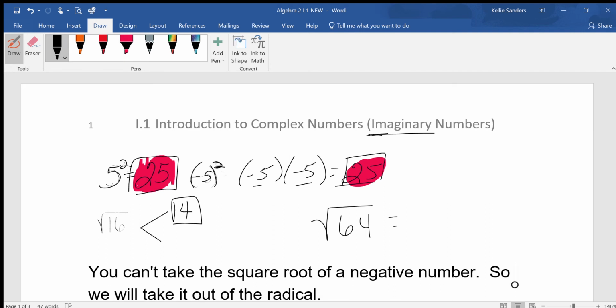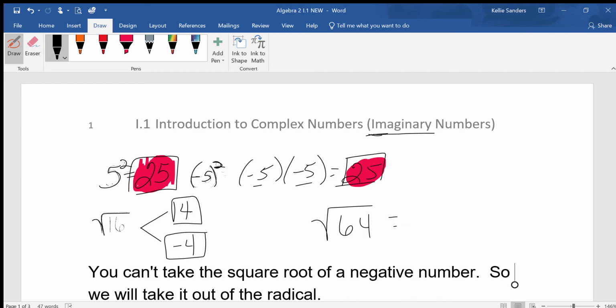So if I am undoing it and taking the square root of 16, 4 times 4 is 16, but also negative 4 times negative 4 is a positive 16. So the square root of 16 can be either 4 or negative 4.